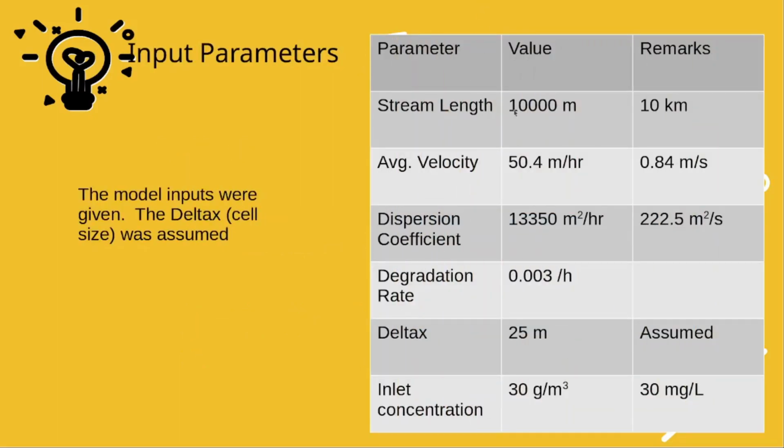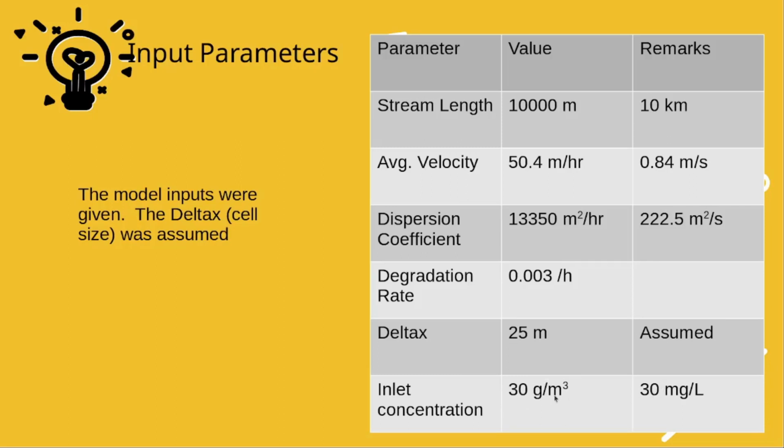So we are given a stream length of 10,000 meters, which is 10 kilometers. We have the average velocity, which is 50.4 meters per hour. We have the dispersion coefficient, 13,350 per hour. The degradation rate is 0.003 per hour. Delta x is 25 meters. This I've assumed. And the inlet concentration is given to us as 30 milligrams per liter.